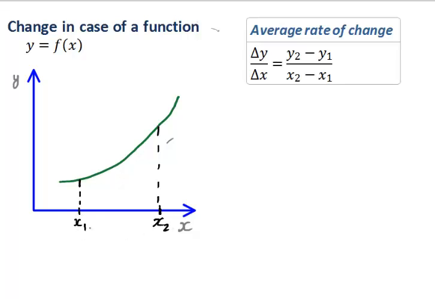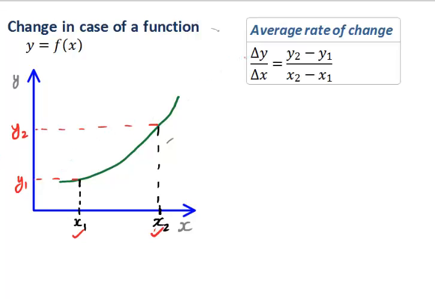So we have initial value x1 and it changed to x2. Now the corresponding change in y can be obtained by observing the corresponding values on the y-axis. So at x1 the value of y is y1, and at x2 here the value of y is y2.